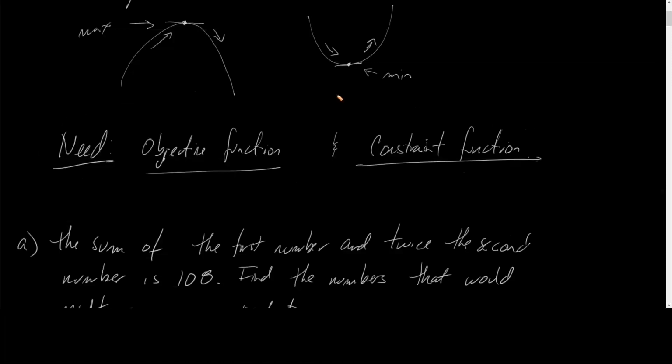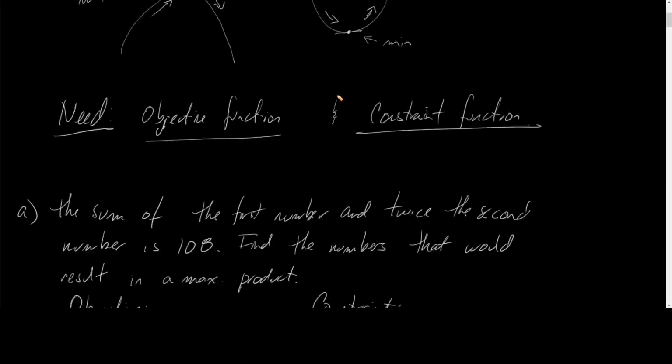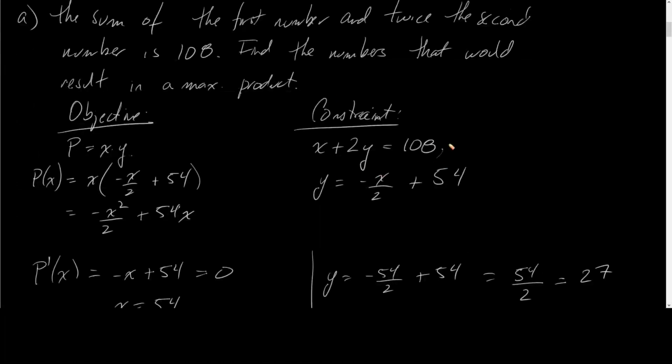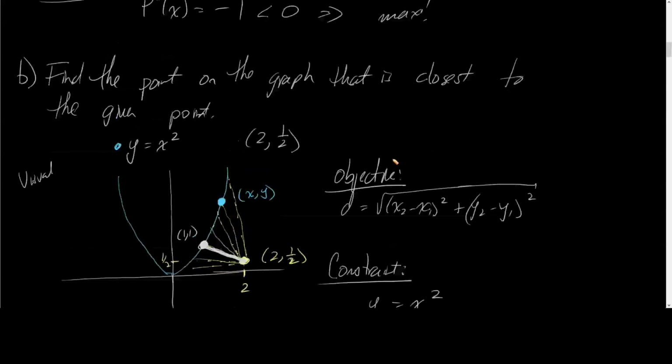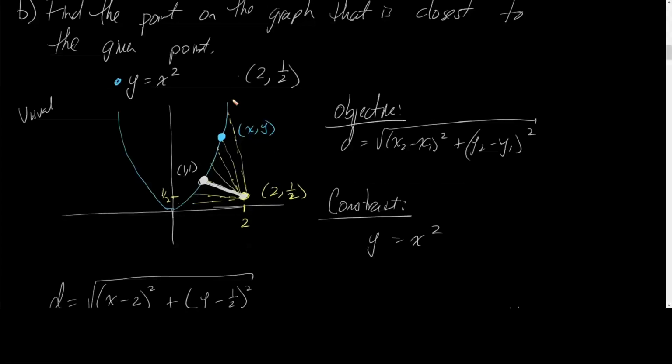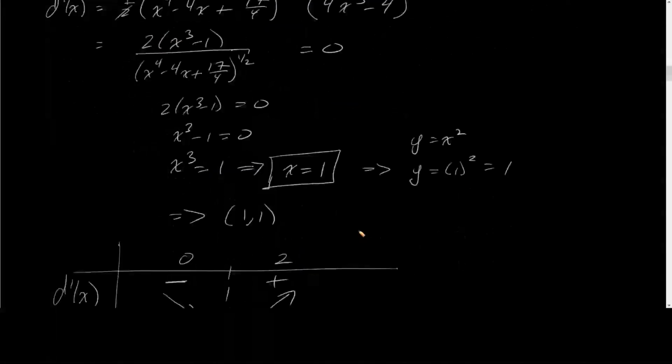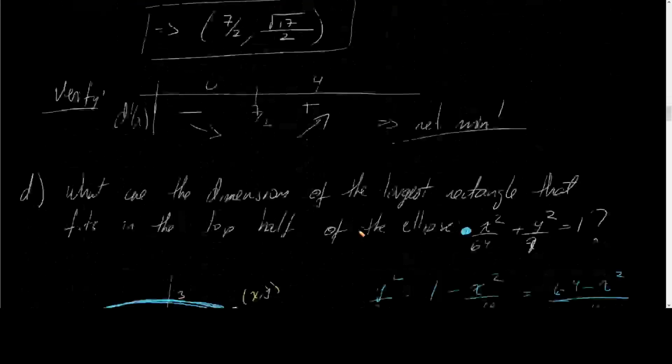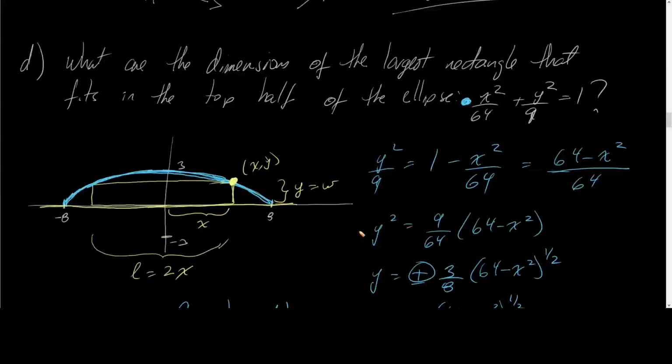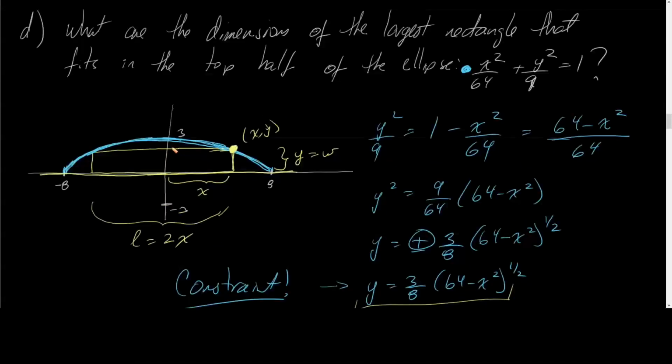Are we restricted by a fixed sum, like it was on this one, right? We were restricted by a fixed sum. And the next one, what were we restricted by? We were restricted by being on the graph, right? Our constraint was y equals x squared. That was the same thing for the next example, by the same idea. And here, we must fit inside of the ellipse, right?